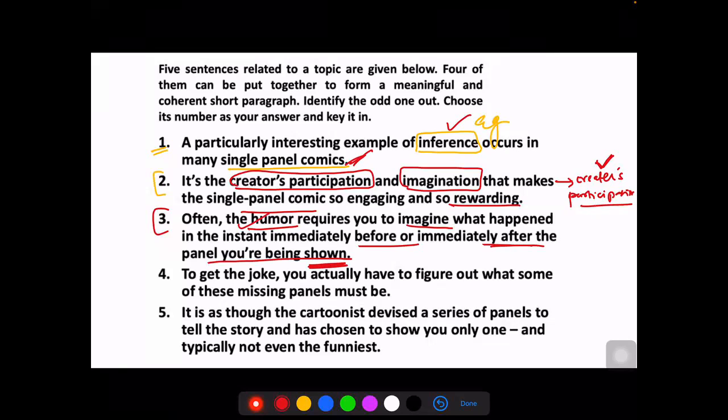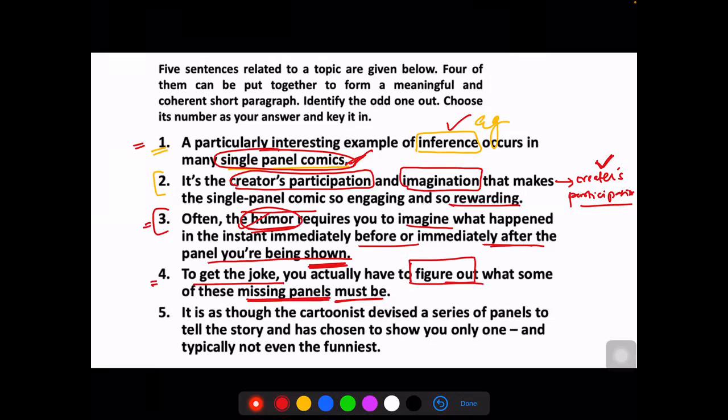So definitely there might be a link between 3 and 1, but we are not sure because the exact words were not given. Okay, so let's check out the fourth point. To get the joke means to get the humor. You actually have to figure out what some of these missing panels must be. So whatever humor single panel comics are showing you, you have to figure out what the missing panels are and what you are missing out.